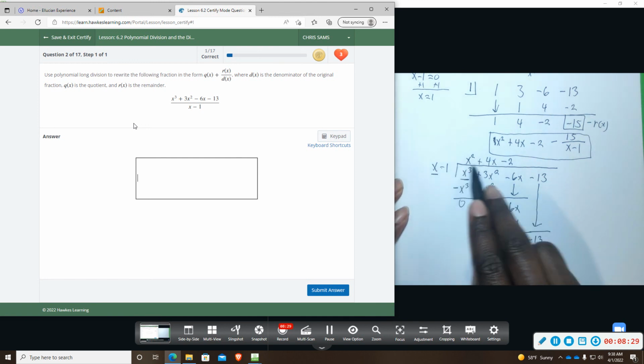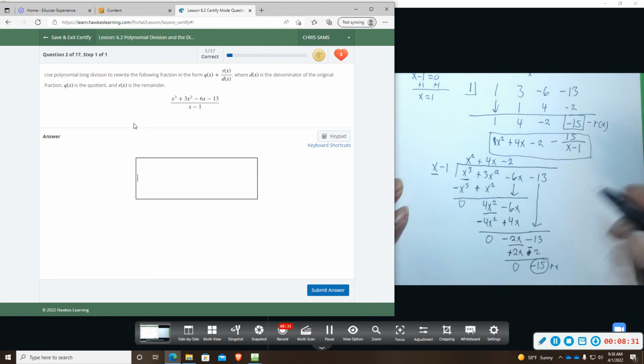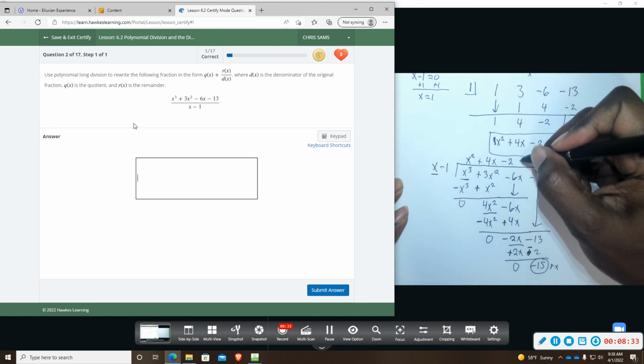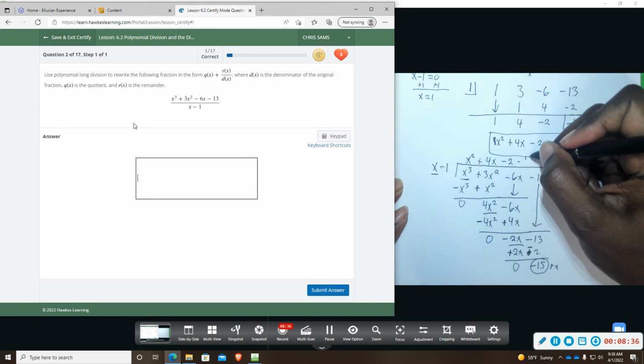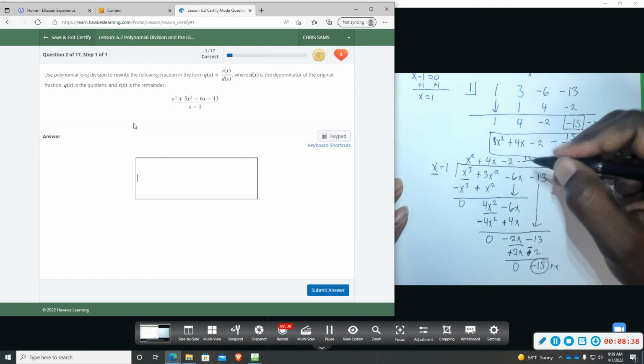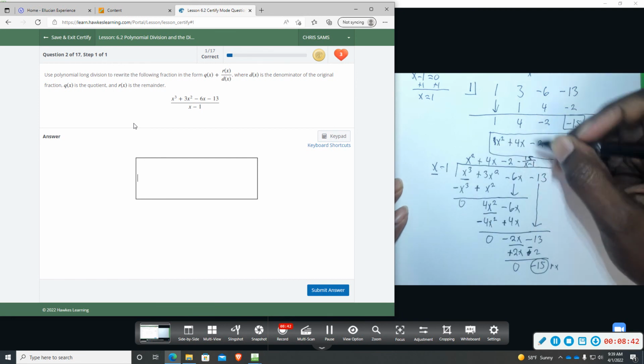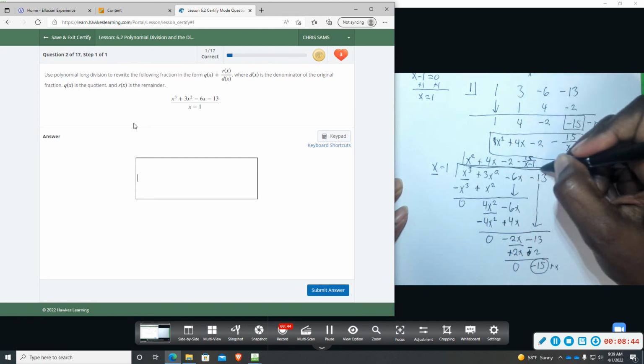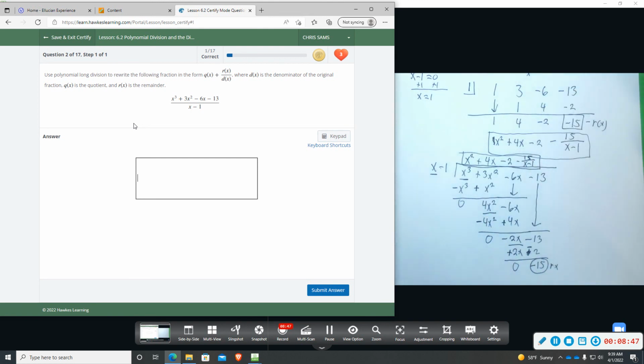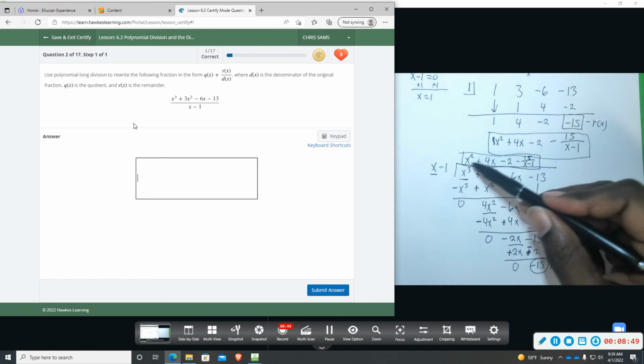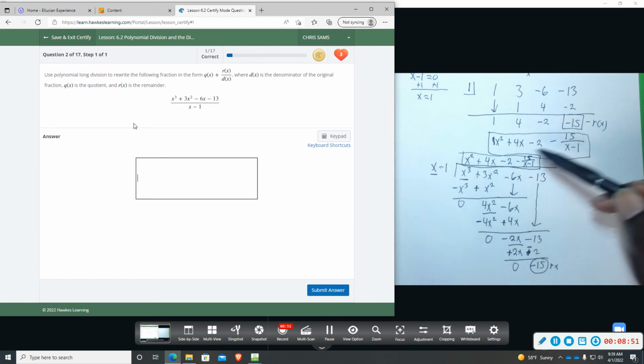And this is your polynomial. So when you put it all together, you just bring this up and you say, okay, -15 over the x minus 1. Okay, and you get the exact same answer, okay, in both scenarios. X squared, 4x, -2, -15 over x minus 1.